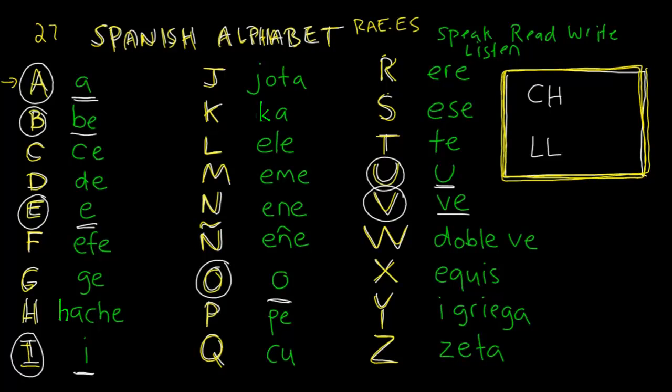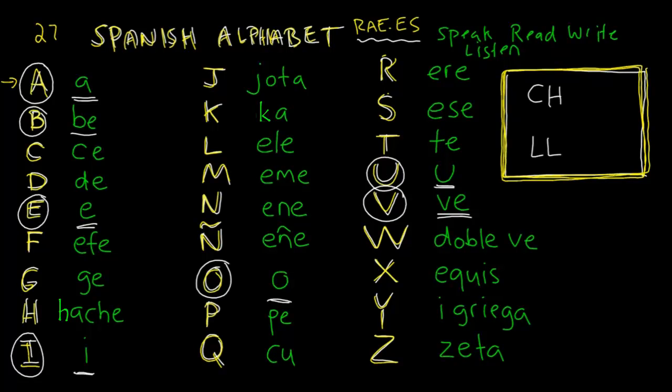B is B and V is B. Often you will hear Spanish speakers say V, like the English V. But that is not true according to the Spanish Royal Academy. Okay, so make sure you're saying B and B.